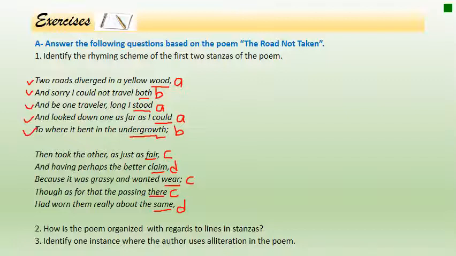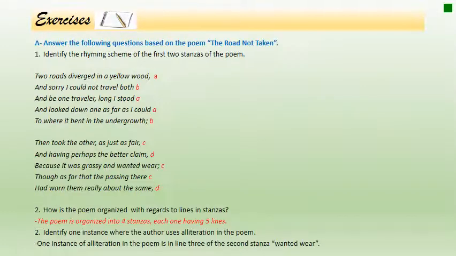Each stanza is made of exactly 5 lines. Identify one instance where the author uses alliteration in the poem. It's just one instance, and when we read the poem, we'll go through it more. Maybe you can catch another instance where he does use alliteration.